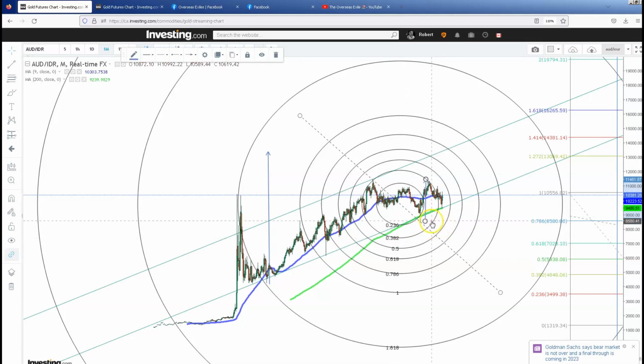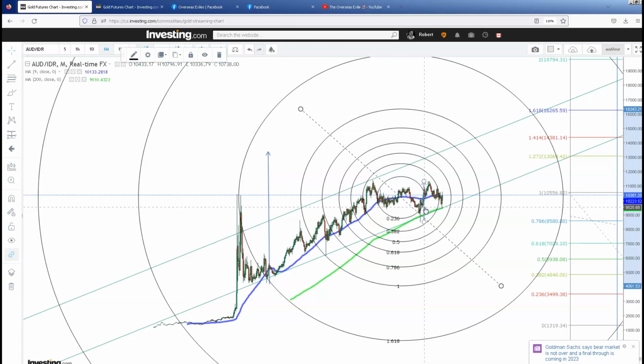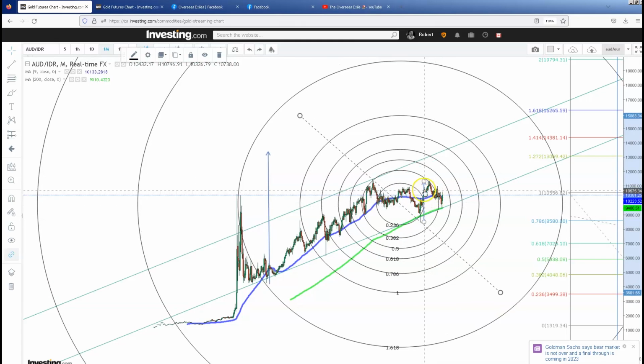There's head and shoulders patterns, but there's also what's called inverse head and shoulders patterns. So this pattern here, this is the neckline right here. This is final confirmation, and if we draw this one up to the neckline, you can see we come in very close proximity to the measured move here. I think that will be the final hurrah for the value of the Aussie dollar versus the Indonesian.